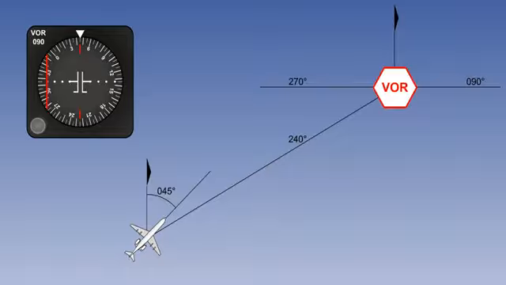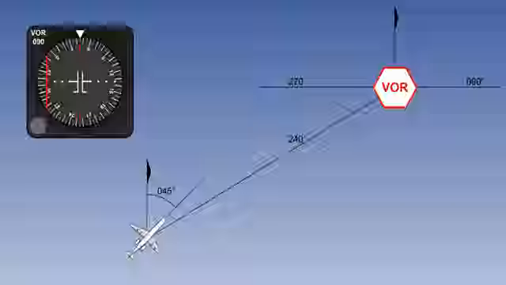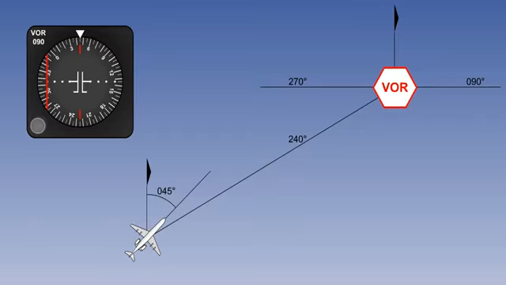Remember that you need to select the same radial as the track you are intending to fly. So in this case, the pilot selects the 090 radial, not the 270 radial, on his HSI. The deviation bar will be deflected in full, as the 090 radial is more than 10 degrees from his current position, on the 240 radial.